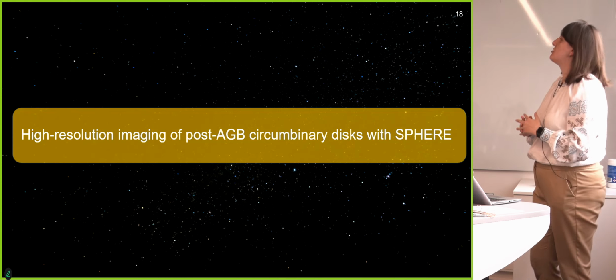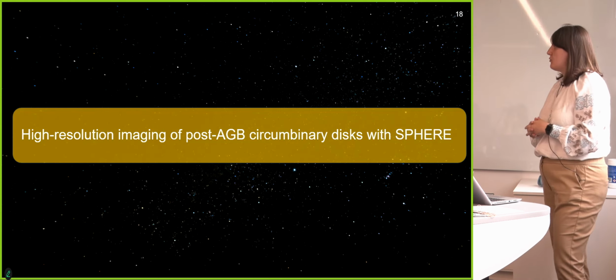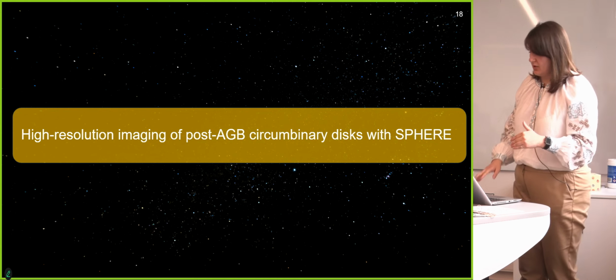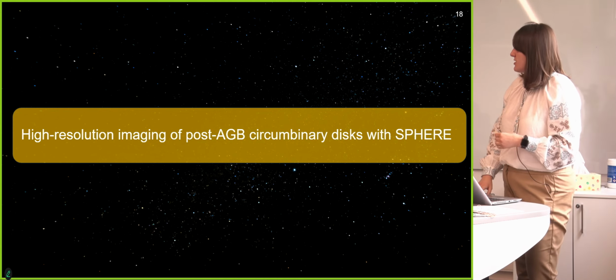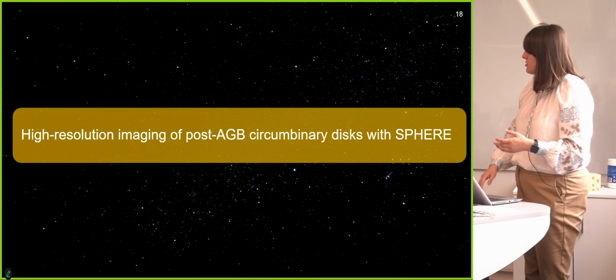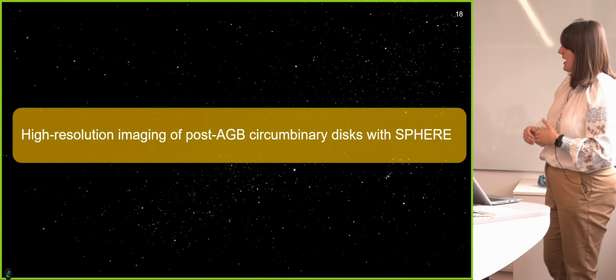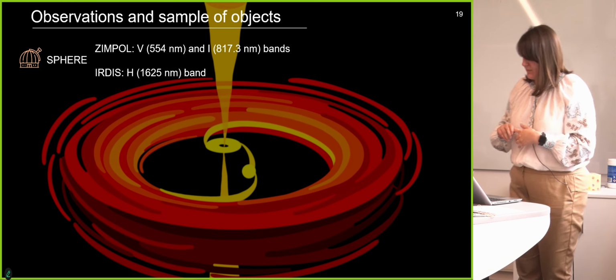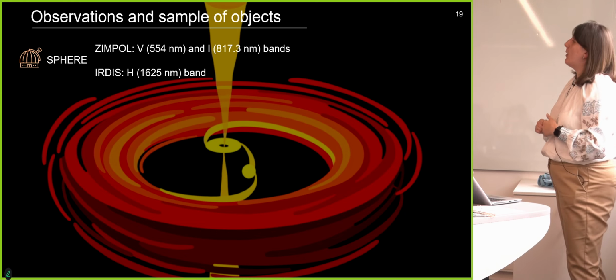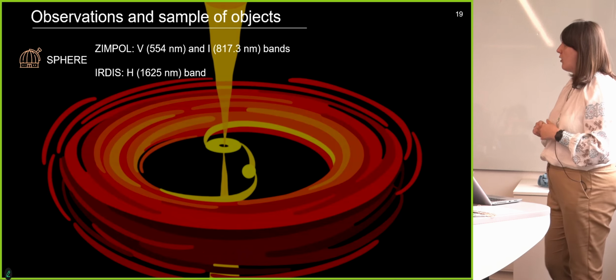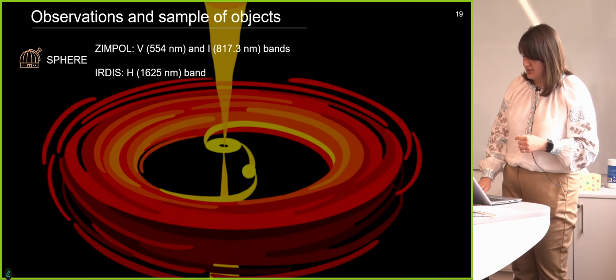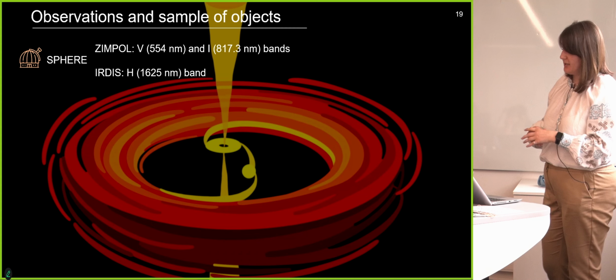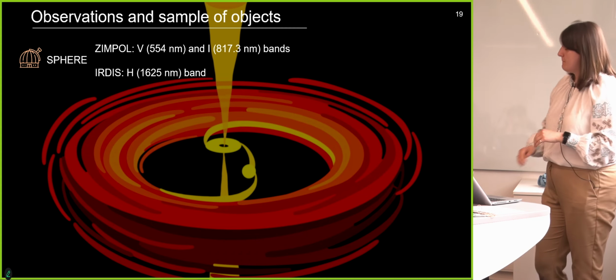Coming to the direct results of my thesis, first I'm going to present a little bit what the targets were in my PhD project and what the methodology was. We use observations from both ZIMPOL and IRDIS cameras of SPHERE, and we perform high-resolution imaging and polarimetric observations.